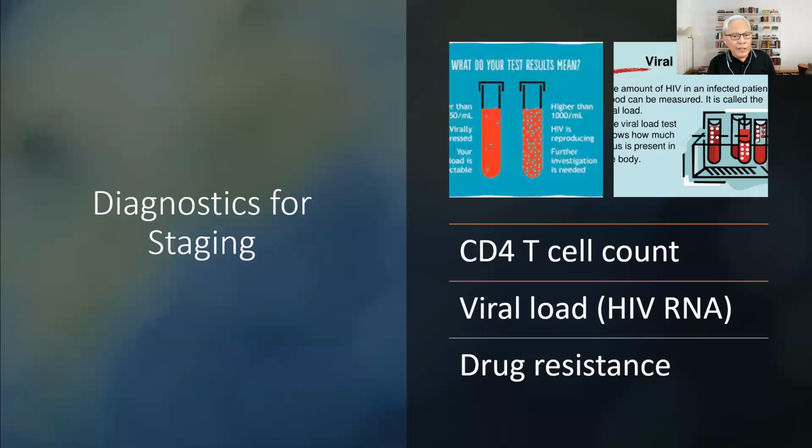Okay, so the other tests that are going to be important in patients that we suspect of having HIV is going to be your CD4 T cell count. So you remember, these are white blood cells that are specifically targeted by HIV.